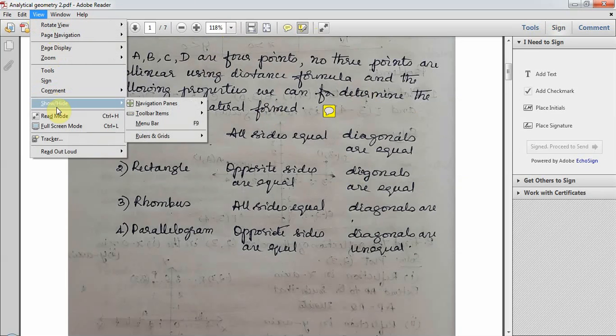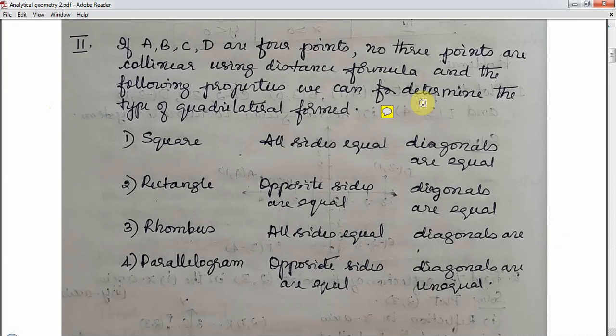It is like a kite-shaped figure. In a rhombus, all four sides will be the same, but of the lines joining the opposite corners, one will be long and one will be short. Therefore, in a rhombus, all sides are equal and diagonals are not equal. Parallelogram: opposite sides are equal and diagonals are unequal.